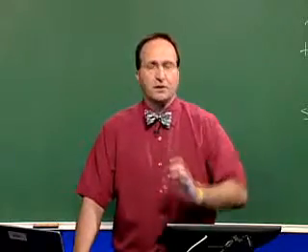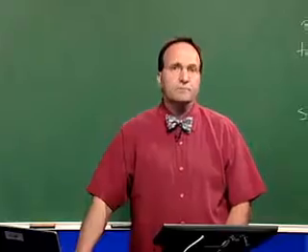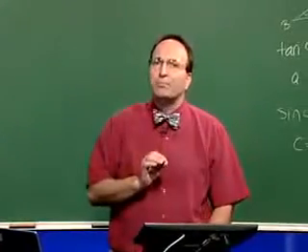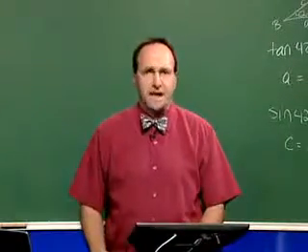Now, the only other missing part here would be angle A. But we know that angle A and angle B, the given angle, are complementary. That is, they add up to 90 degrees.